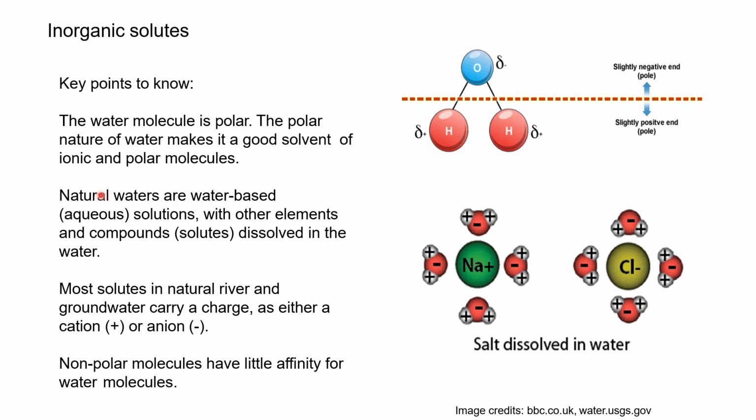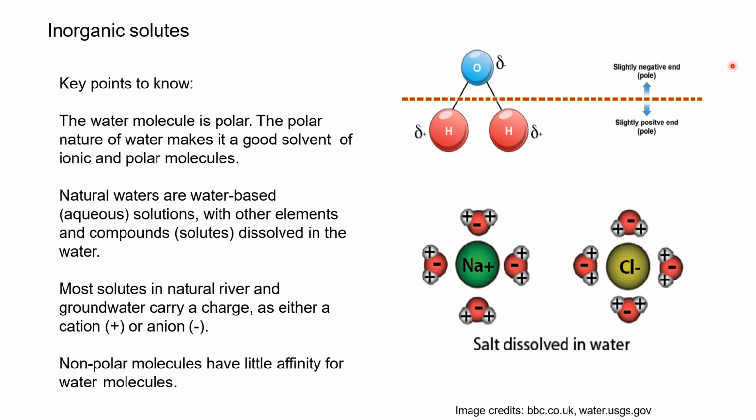So that's broadly summarized in this middle paragraph here. Natural waters are water-based solutions, or aqueous solutions, with other elements and compounds, which are called solutes, dissolved in the water. Most solutes in natural river and groundwater systems carry a charge, either as a cation, which is positively charged, that's the sodium example here, or as an anion, which is the chloride with the negative charge here.